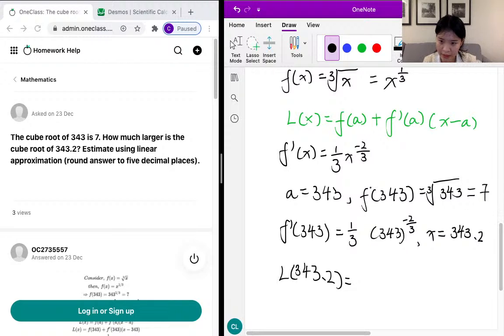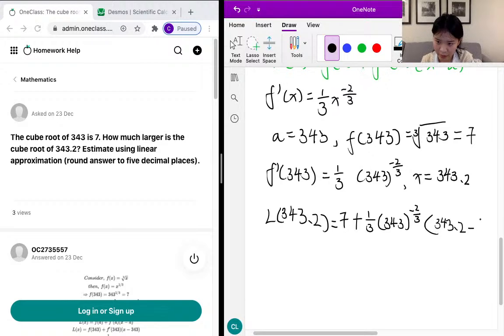Right over here, it's 7, plus f prime of a, which we know is 1 over 3 times 343 to the power of negative 2/3. And that expression is multiplied by x, which is 343.2, minus a, which is 343.